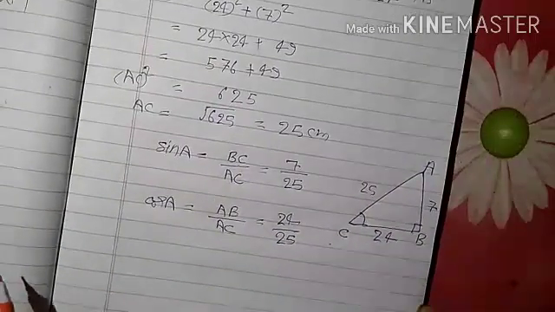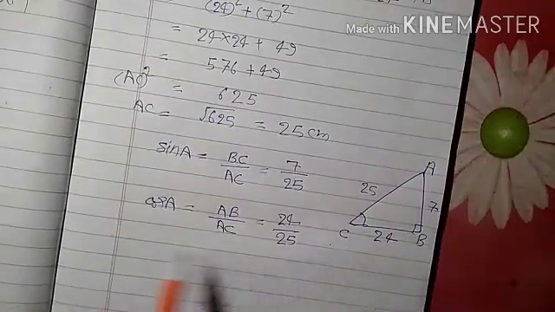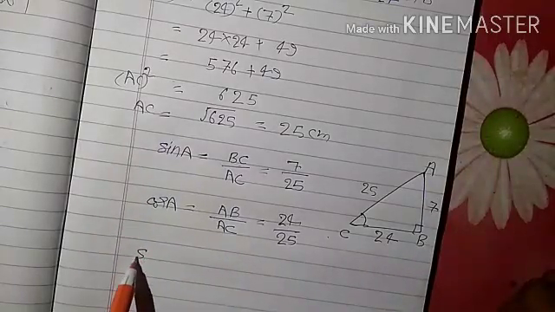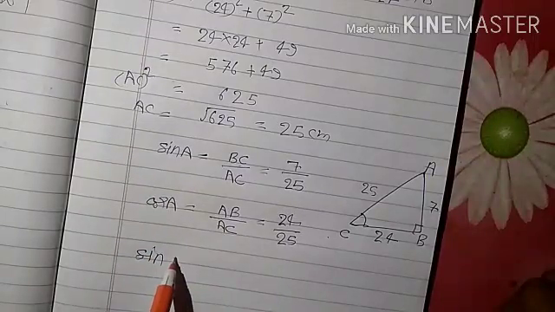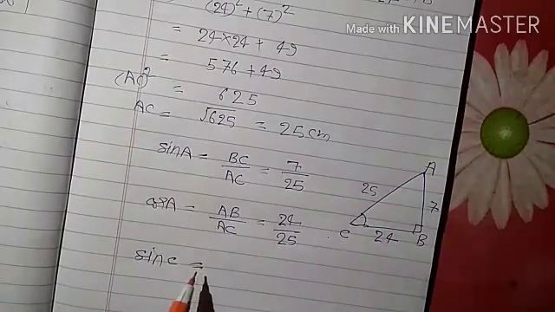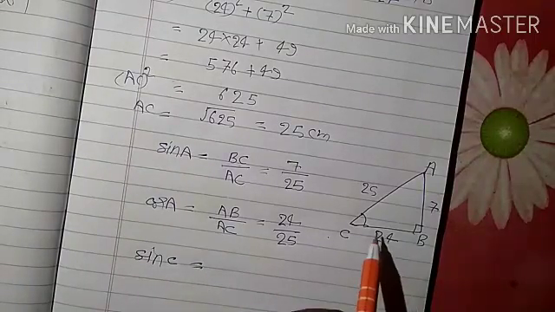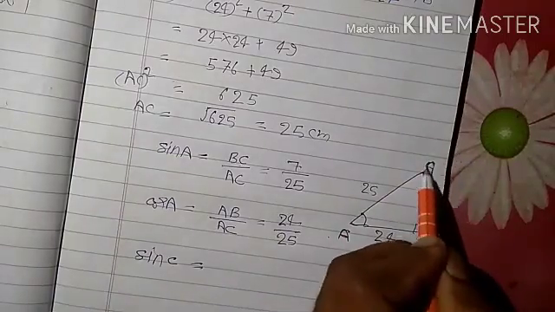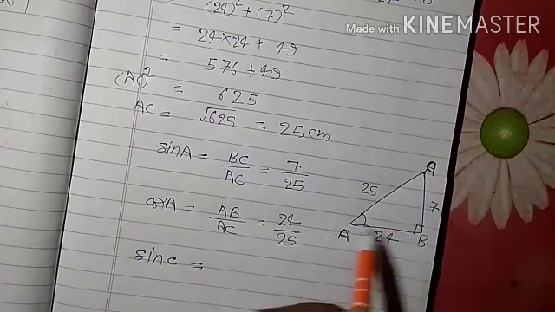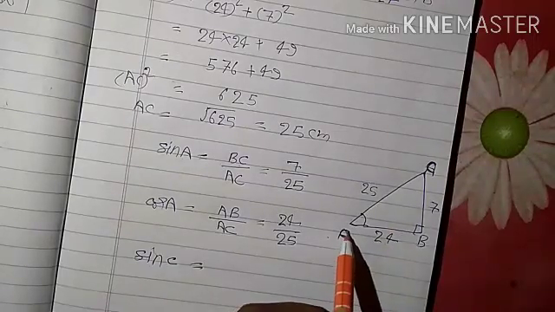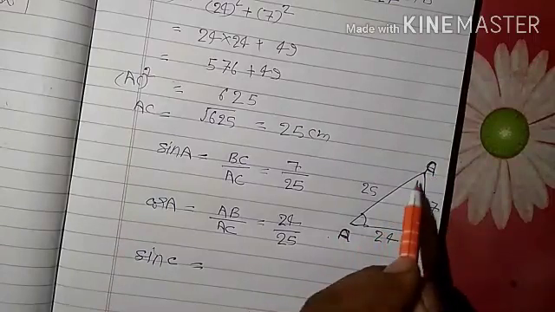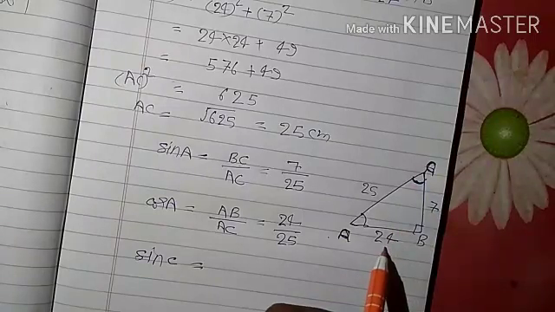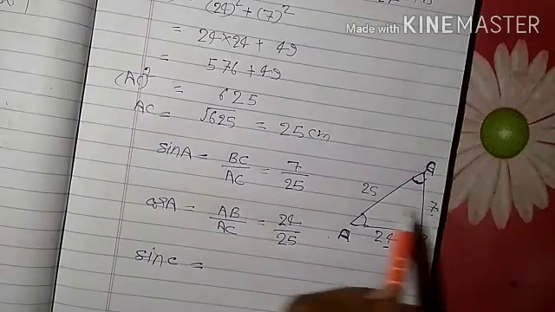We have to find out sin C. So this is angle A and this is angle C and this is B. So this angle, this is perpendicular and this is base and this is hypotenuse.